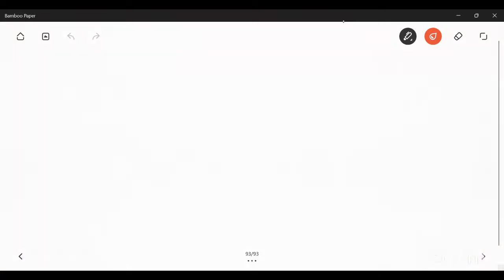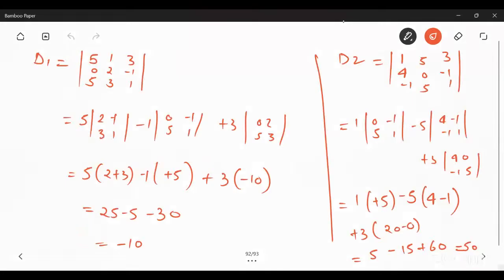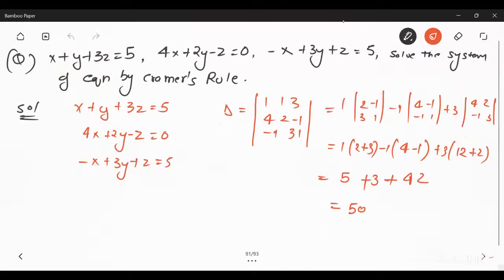Now delta 3. Put the RHS values in the third column. The first column is 1, 4, minus 1. The second column is 1, 2, 3.